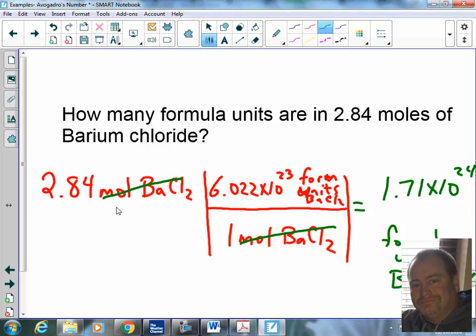I had to round it to the number of significant figures, which in this case is 1, 2, 3 sig figs. So that's why I have 3 sig figs. 1, 2, 3 in my answer. What do you think? Okay? Yeah, Carly?